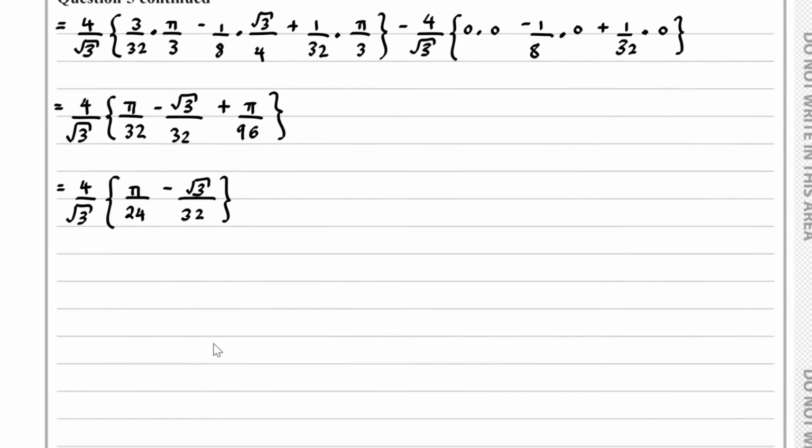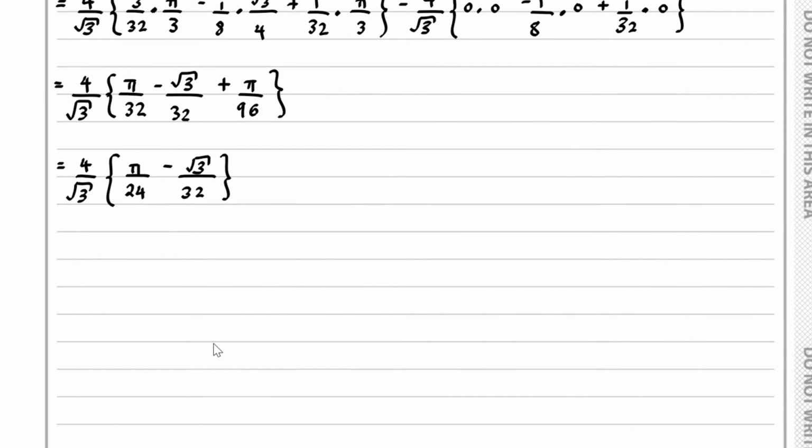And if we tidy this up even further, we can cancel the 4 on the outside with the terms on the inside. So we end up with root 3 over 3 multiplied by pi over 6 minus root 3 over 4. Rather, this is 8 at the bottom.